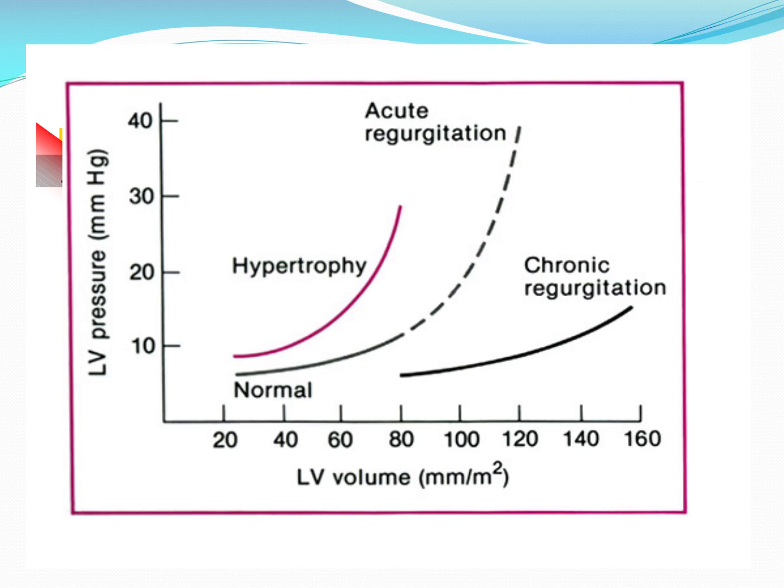Now, if you have acute regurgitation, as we said, developing overnight, the ventricle does not have time to enlarge to accommodate this extra volume. So you're going to challenge it with a higher volume in diastole, and so the left ventricular diastolic pressure is going to go up. This is what you see on the acute regurgitation curve. So the left ventricular diastolic pressure goes up a lot.